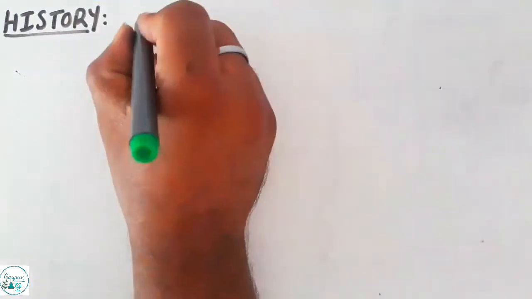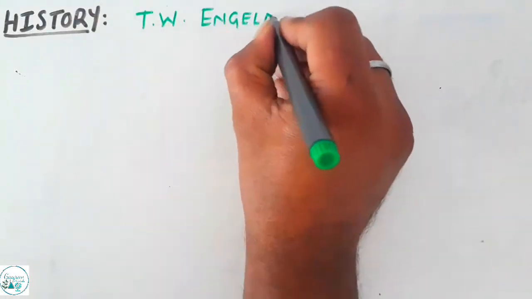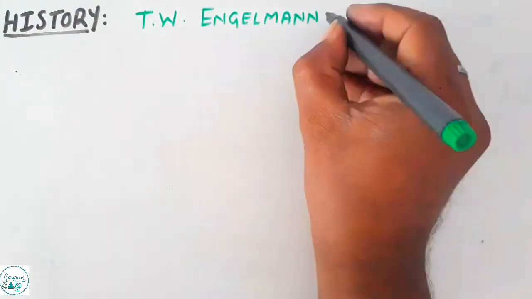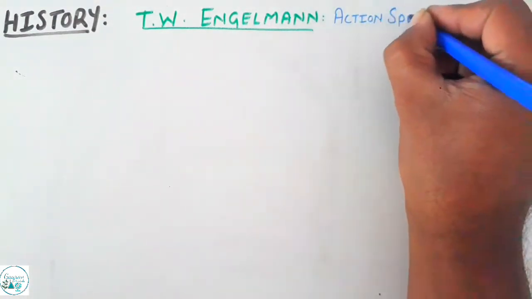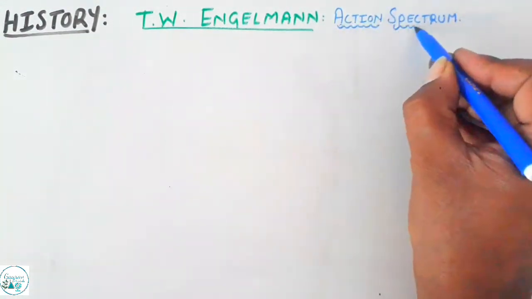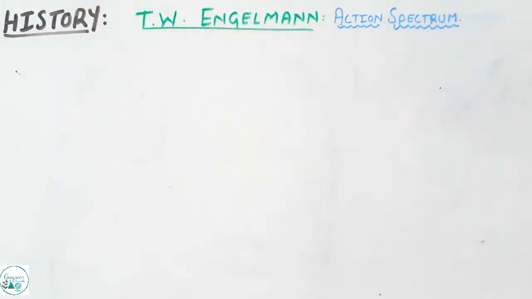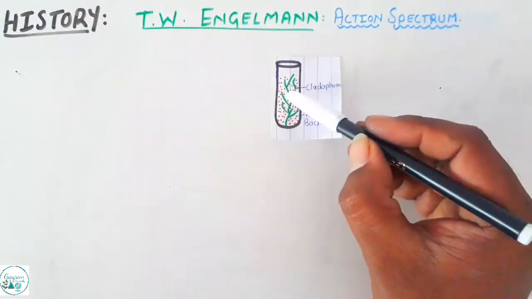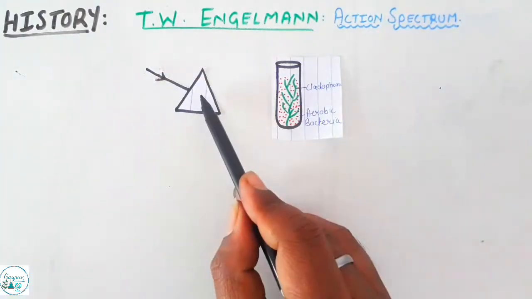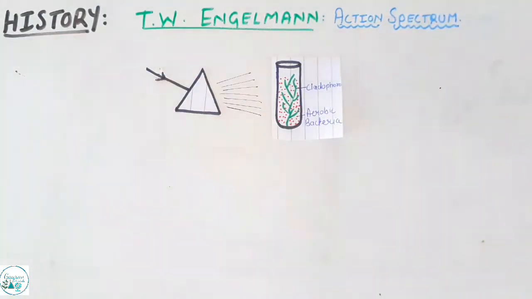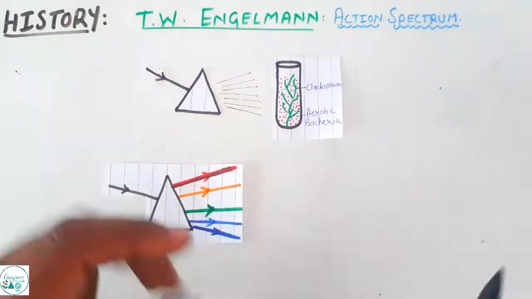Another scientist to take into consideration was T.W. Engelmann. He worked on an experiment called the action spectrum of photosynthesis. In a test tube, he took the alga called Cladophora and a suspension of aerobic bacteria and placed it before a prism. We do know the prism would split the light into its constituent colors, which is VIBGYOR.